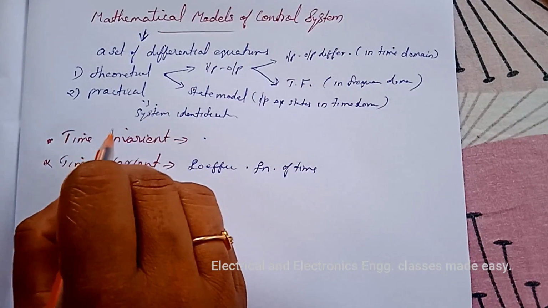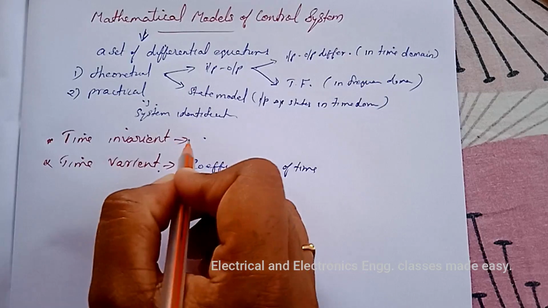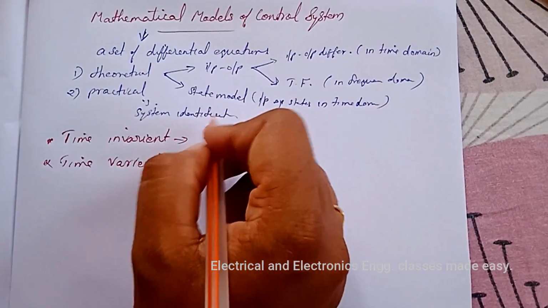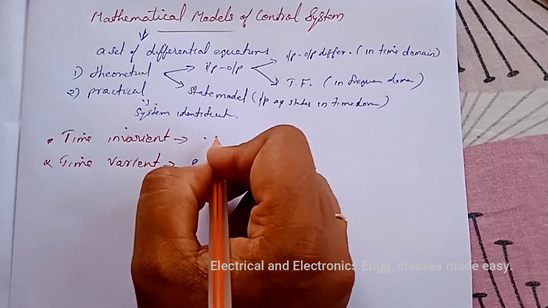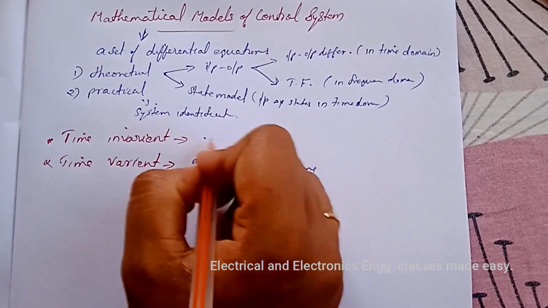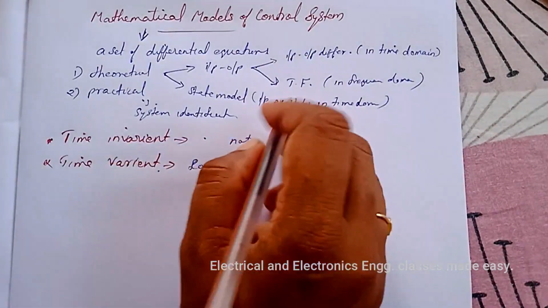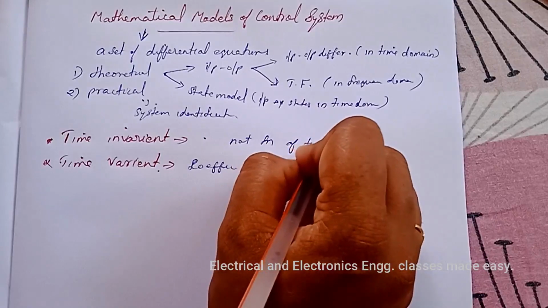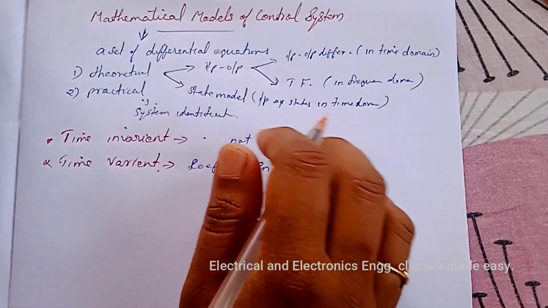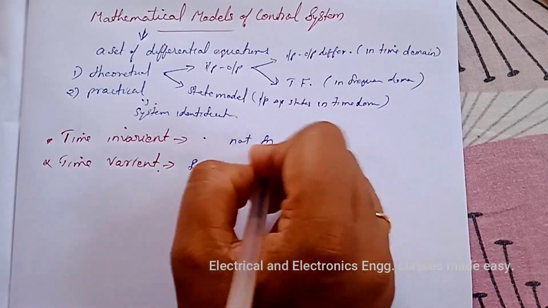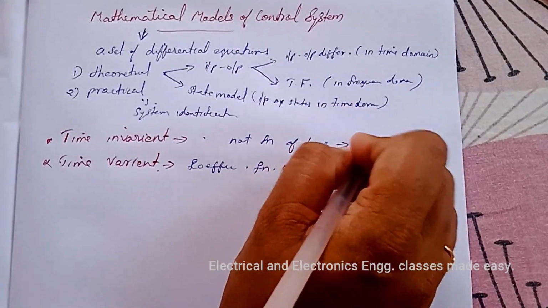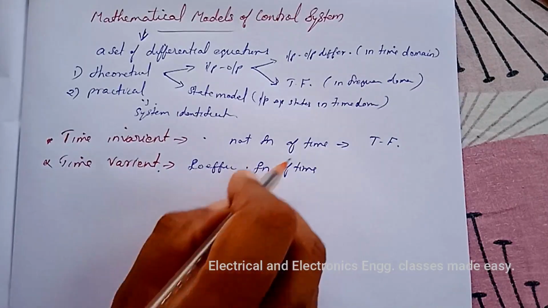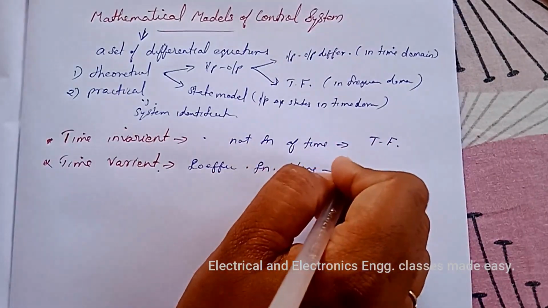And if the coefficients of the differential equations governing the system are not functions of time, then it is called time invariant. Examples for time invariant are the transfer function, and examples for time variant are the state model.